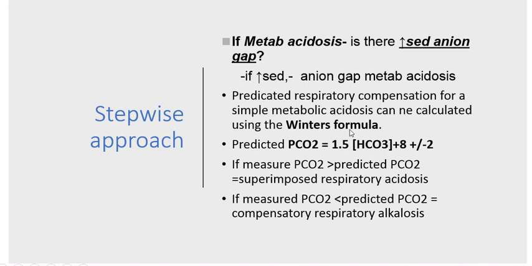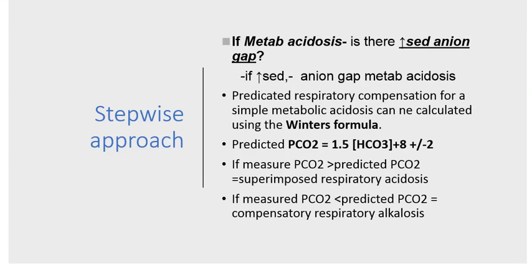So when you have a metabolic acidosis, what do you expect? You expect the body to compensate, and the compensation is usually a respiratory compensation. So you can predict, right? If you have a metabolic acidosis, there are three outcomes. One, you can have a primary metabolic acidosis without any compensation.